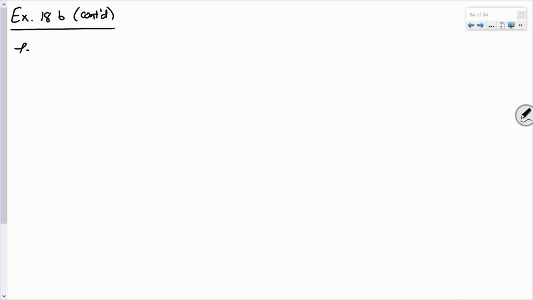So rho S minimum was 0.0132. Okay? Now, how do you compute the actual rho, the actual reinforcement? Remember this?